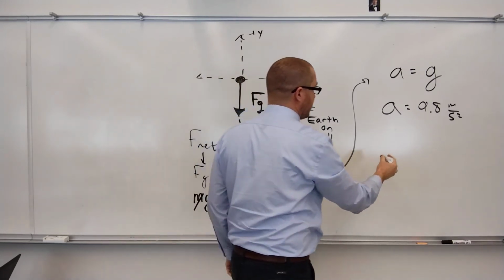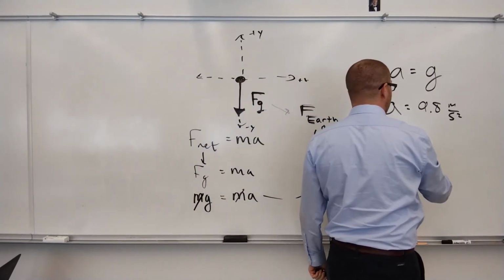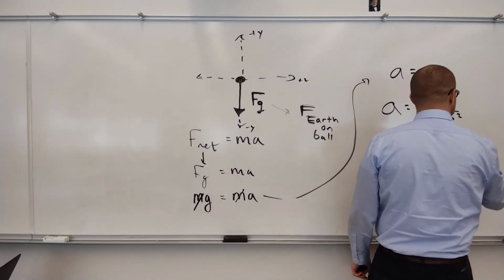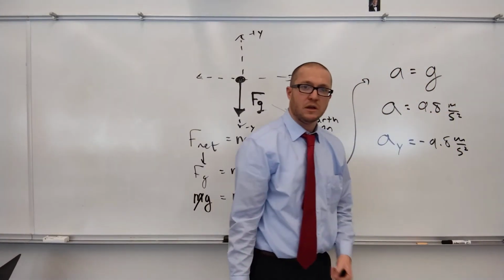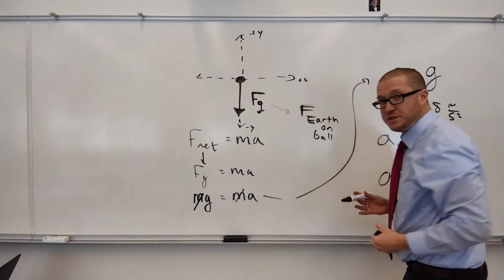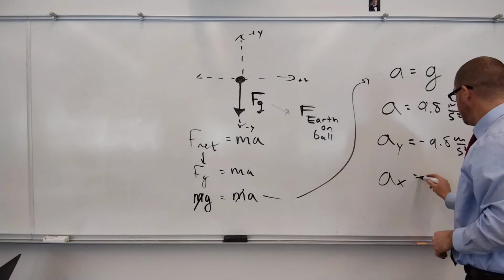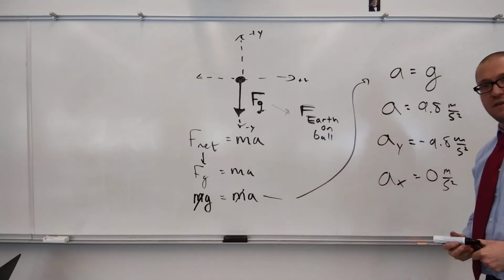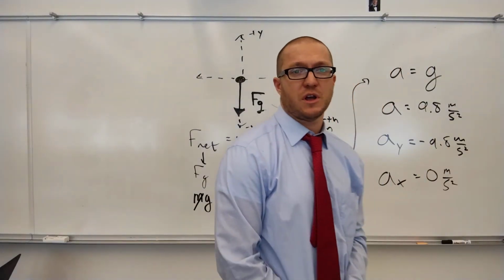I would technically say the acceleration in the y direction is negative 9.8 meters per second squared. Since there's no force in the x direction, the acceleration in the x direction has to be 0 meters per second squared. And that's the important result here.